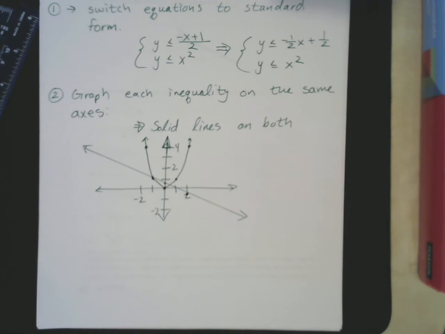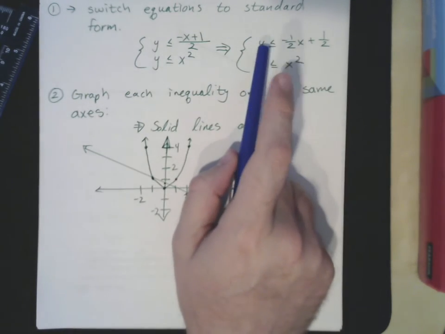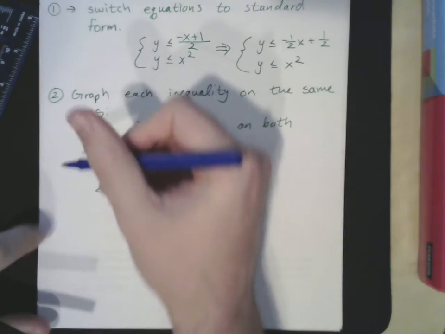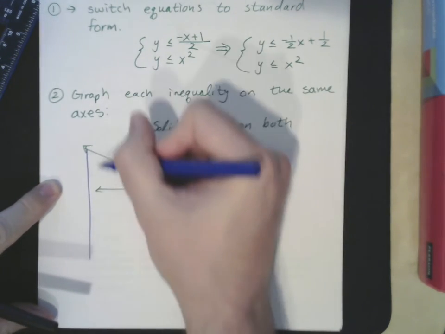So now is where I like to use 2 different colors. You can also do 2 different directions in how you shade. So I'll show both of those. So starting with the line is less than, so that means we're below the line. So our line shading would be this.